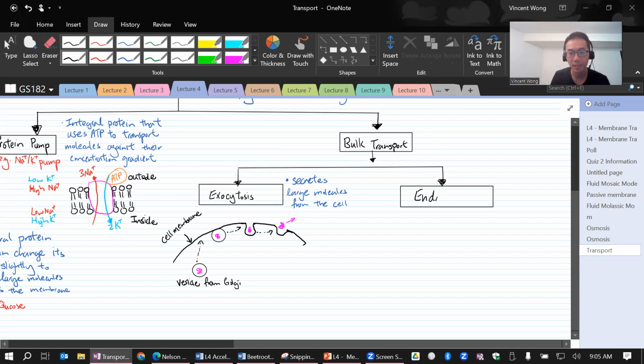That's to bring things in, right? So this is to absorb, to bring in large molecules into the cell.